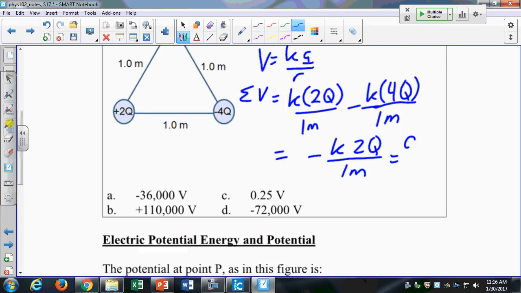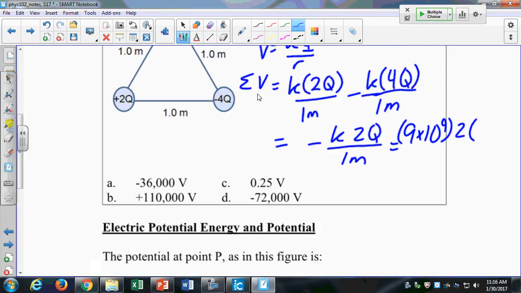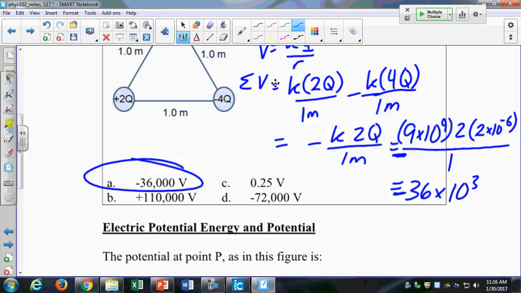And so that's going to be 9 times 10 to the 9th times 2 times each charge is 2 microcoulombs, so that's 2 times 10 to the minus 6 divided by 1. So that's 36 times 10 to the third. It should be a negative here, so it's negative 36,000.